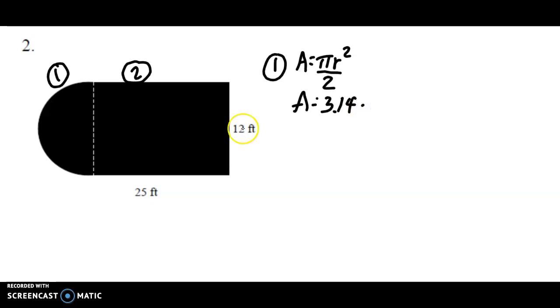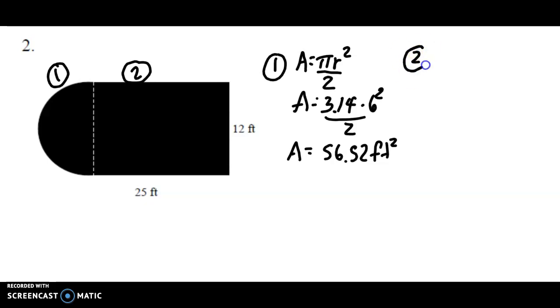I need the radius, so this one here is 12, so the radius of that is going to be 6. And divide that by 2. I'm going to plug that into my calculator, and I'm going to get 56.52 square feet.